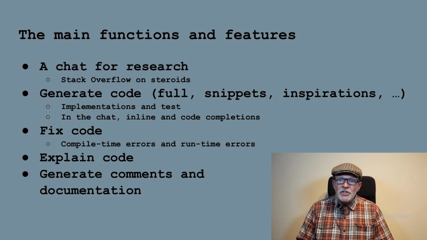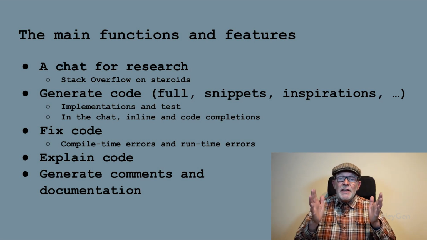What are the main functions and features we are looking for to augment the capabilities of the software engineer of the future? From my point of view, it comes down to the following list. First, we need a chat to do our research. This is a pair programming buddy to discuss the problem and find possible solutions for the given problem. We obviously already do this today.